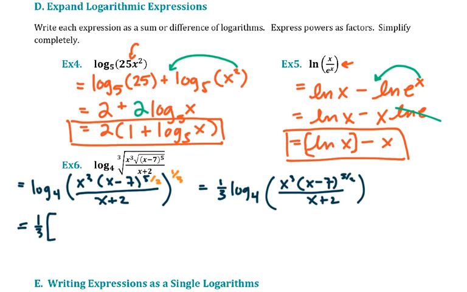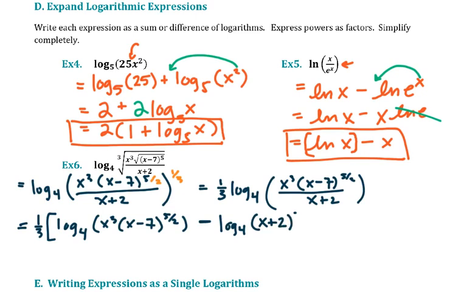So I'm just going to leave it in front now, and I'll distribute it at the end if I need to. So I have 1/3 log base 4. The numerator is x cubed times x minus 7 to the 5/2 power, minus log base 4 of x plus 2.